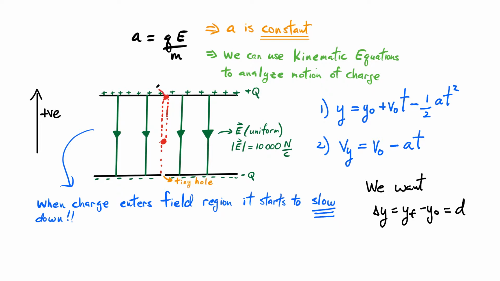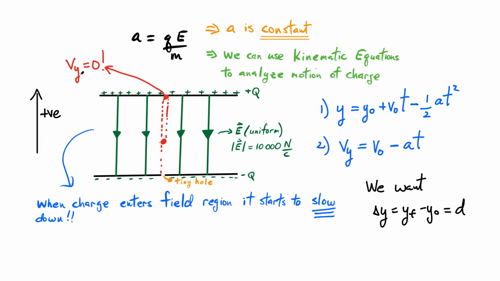And if we want the charged particle to reach this point, there's also something else that's going to happen here. It's going really fast. It starts to slow down, slow down, slow down, up until it reaches this point. At this maximum y displacement, we want the vertical velocity to be equal to 0, right at the turnaround point. And then after, it's going to start speeding up in the down direction.